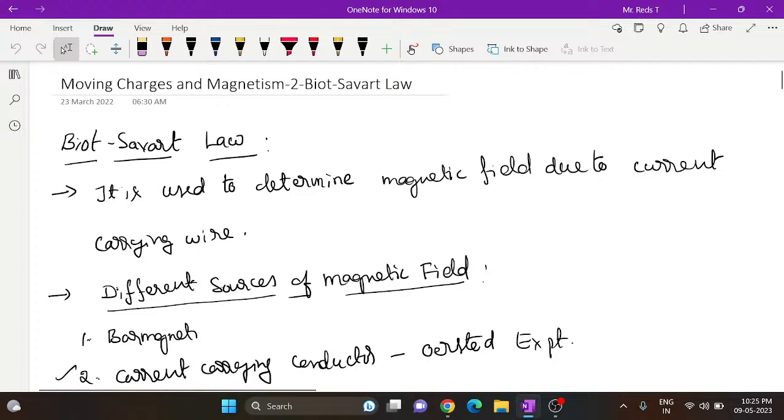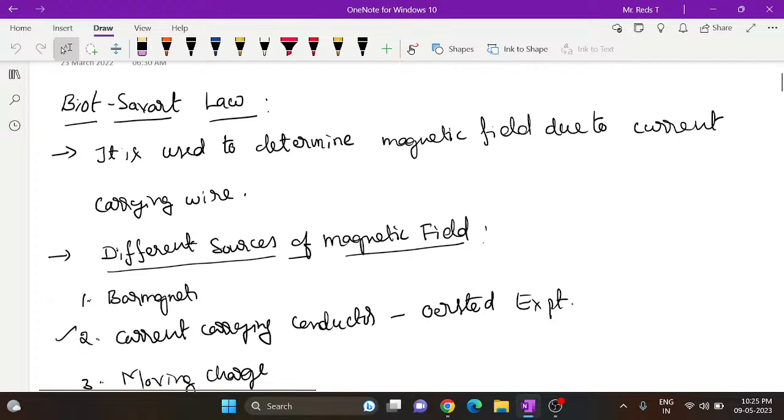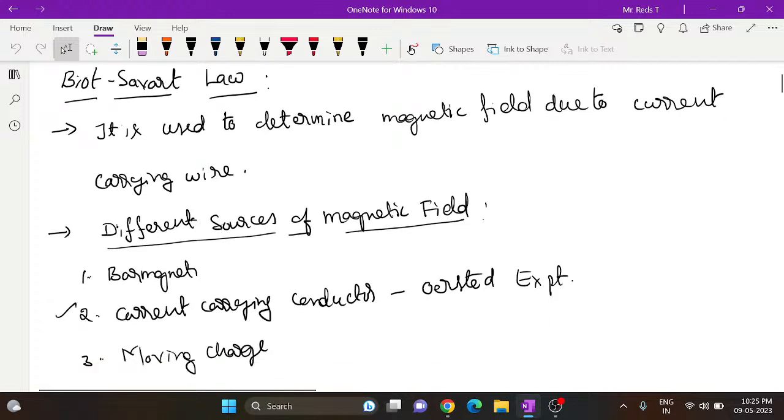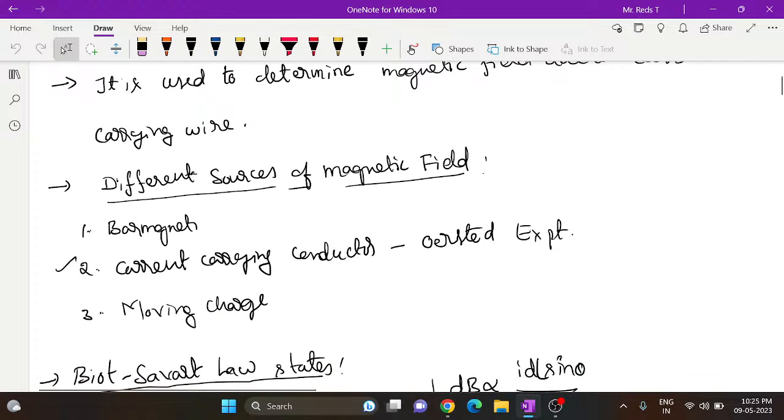Before going ahead with this, we have to recollect a simple concept called the sources of magnetic field. We know in your lower classes you have studied that the magnetic field can be produced by a bar magnet. If you bring a magnetic needle near this, it will deflect.